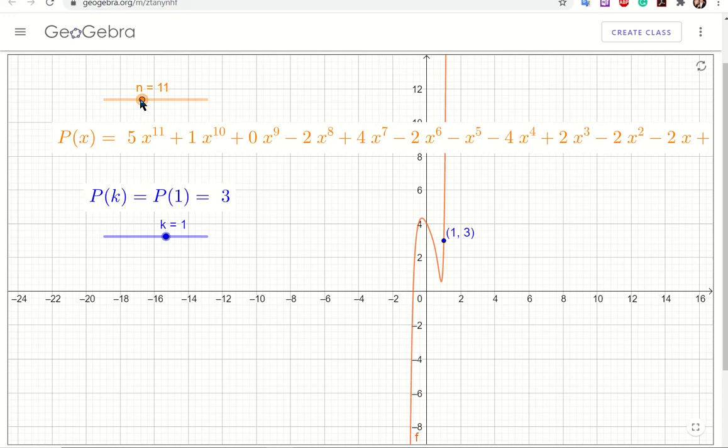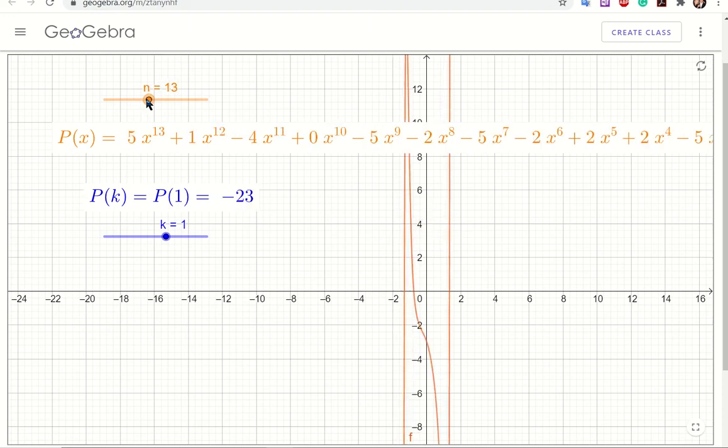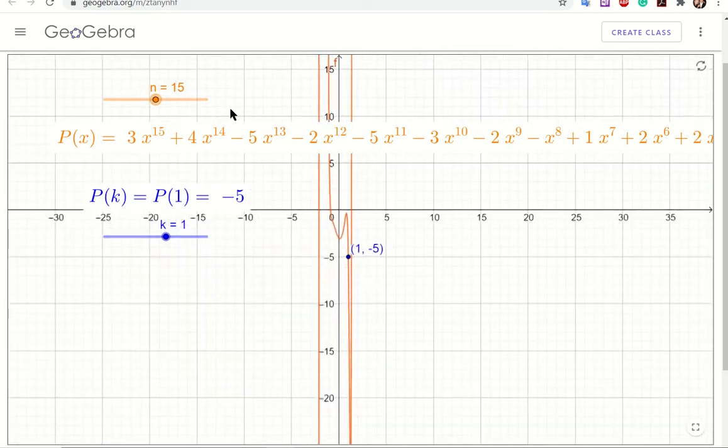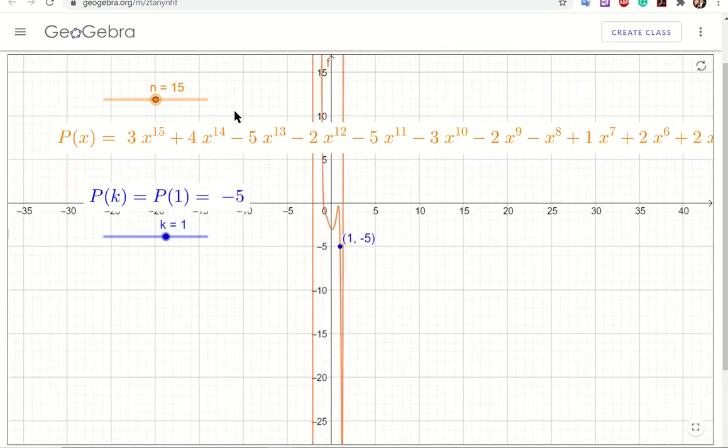That's not a bad one. Wow, look at that one. So for this polynomial of degree 15, it's creating this weird shape here, but really, in the end, we're just taking any x value, multiplying it by itself 15 times, and then multiplying that by 3, and then we're adding it to the same value, the input value, multiplied by itself 14 times, and multiply that by 4, etc., etc. And you can see that it quickly goes right off to a big number very quickly.